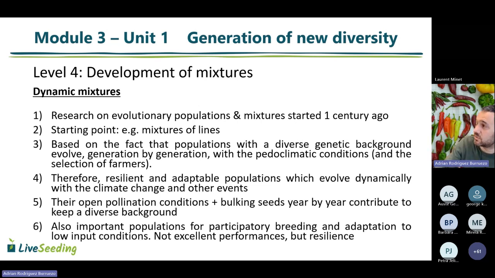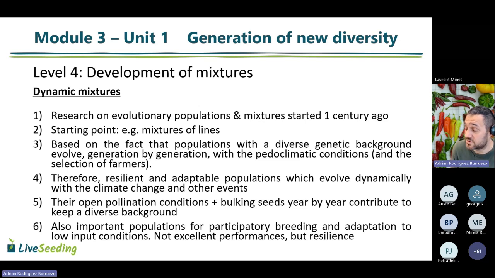You take the seeds of the best individuals as a farmer or breeder, then you mix the seeds, and again you repeat the process. And this dynamic combination of population evolution and pedoclimatic conditions creates a resilient and adaptable population, evolving dynamically with the climate change and other events.